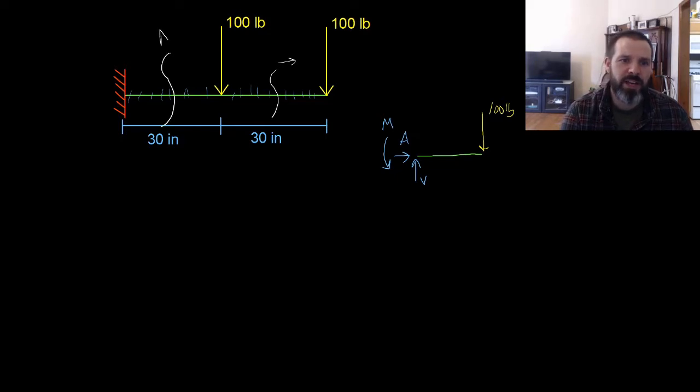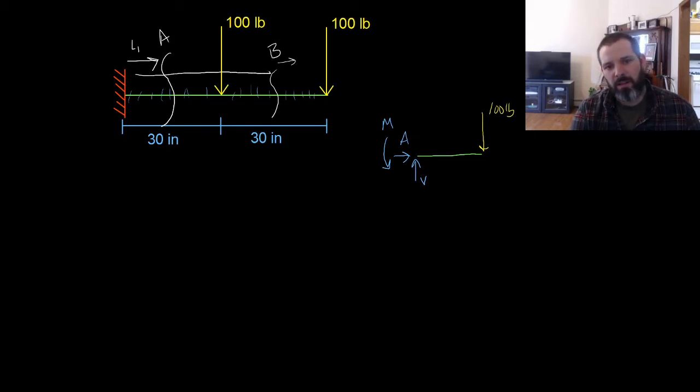I'm going to call this cut A. This will be cut B. And we're going to write generic equations going from the left-hand side. The distance to cut A I'm going to call L1, and the distance to cut B I'm going to call L sub 2.